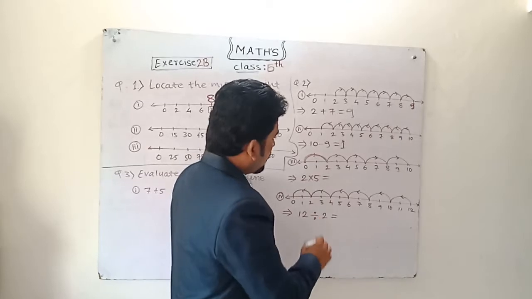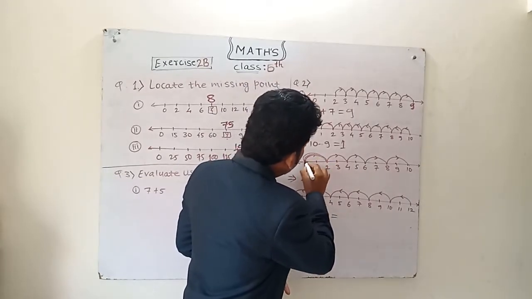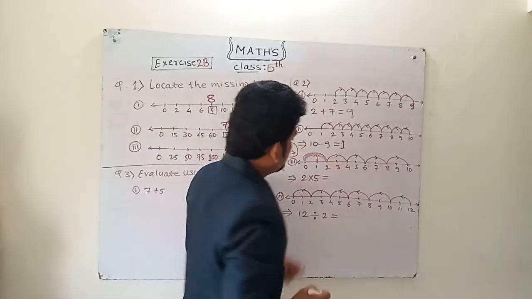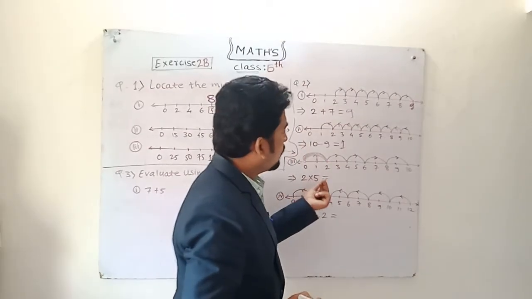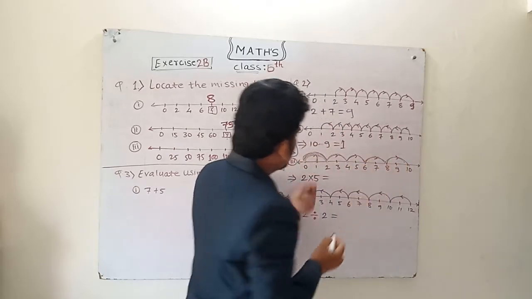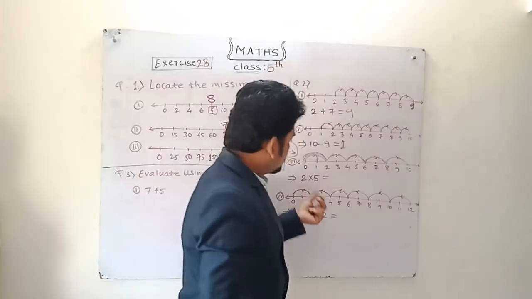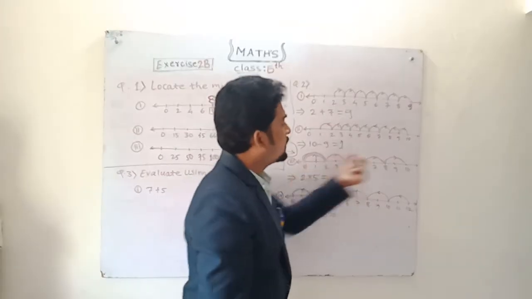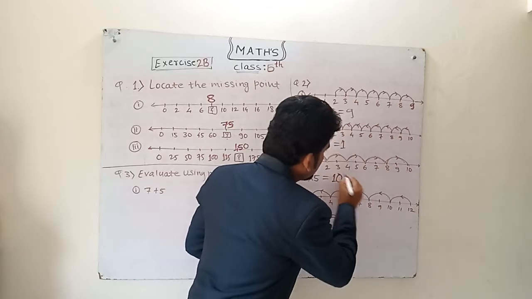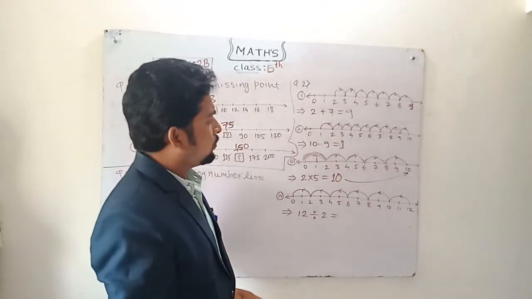So how many digits are there in between? 1 and 2, like this, totally 2. So I have written 2. And how many curves? 1, 2, 3, 4, 5. 2 digits, so we took 2. After 2 digits we multiply, and how many curves? 5 curves. So 2 fives are 10. Got it? The answer is 10. Like this you have to keep in mind.